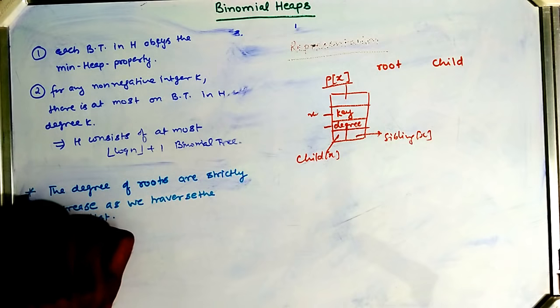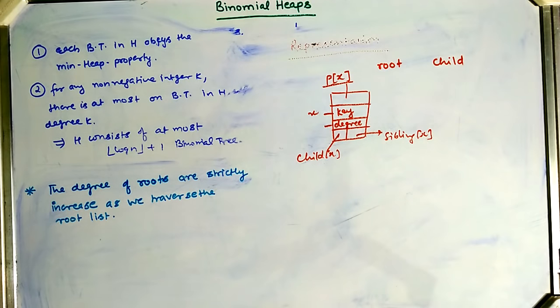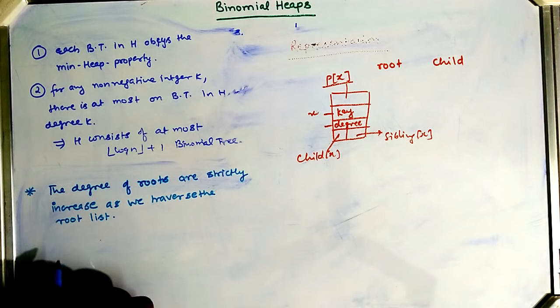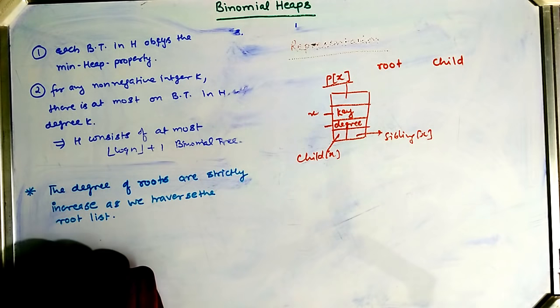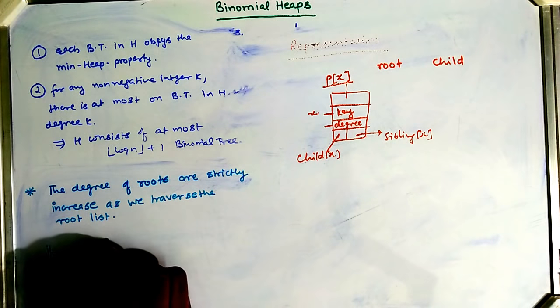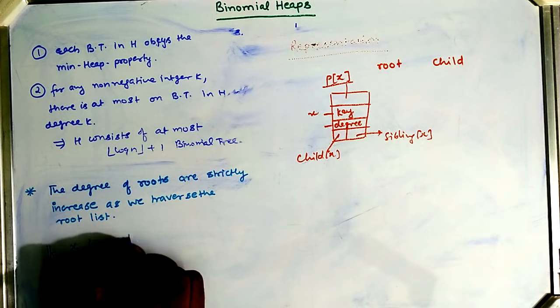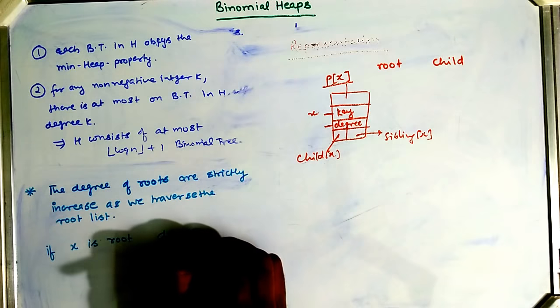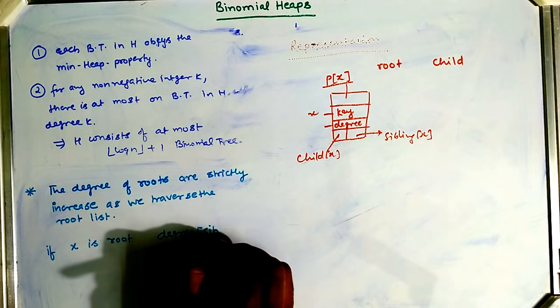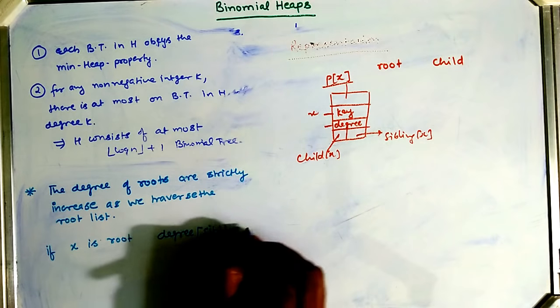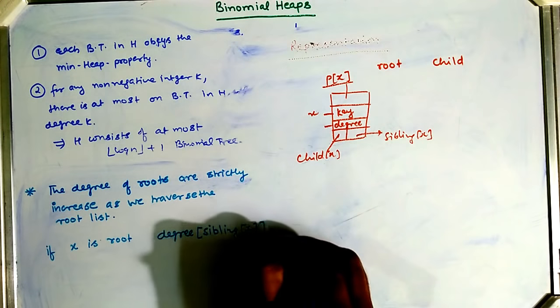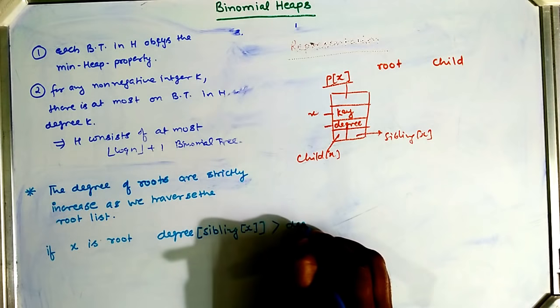The root list is arranged in increasing order of degree of the nodes. By this property, if any node x is a root, then the degree of sibling of x, if it is a root, is always greater than the degree of x.